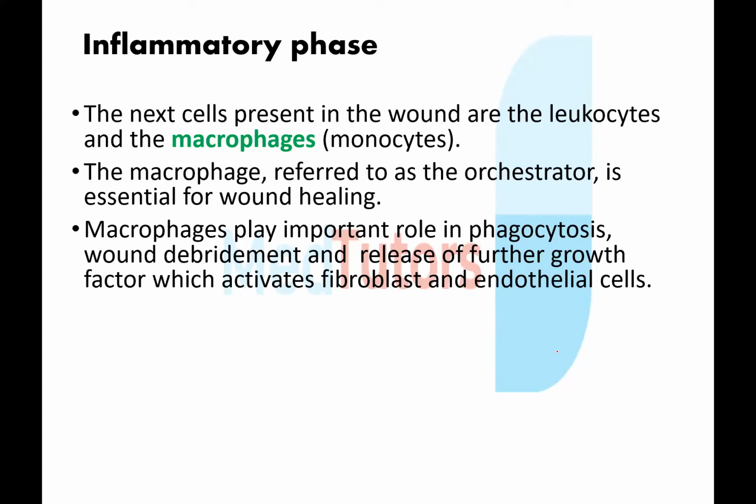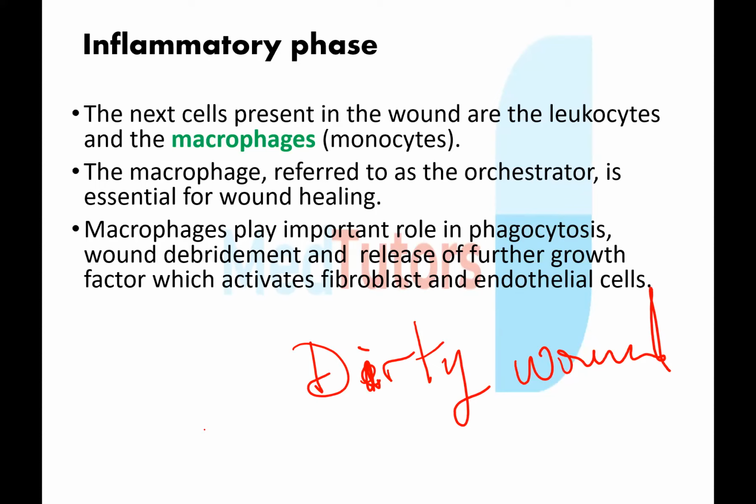Hydrogen peroxide is applied on a dirty wound, especially a wound that is polymicrobial, that has both aerobic and anaerobic bacteria.